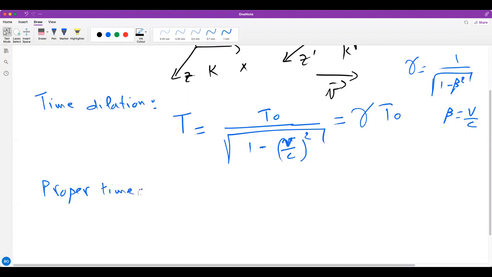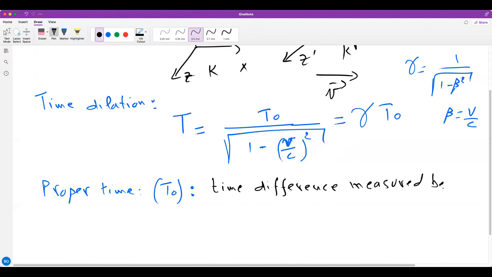The proper time, which in this equation is the one called t0, is the time difference measured between two events that occur at the same position.